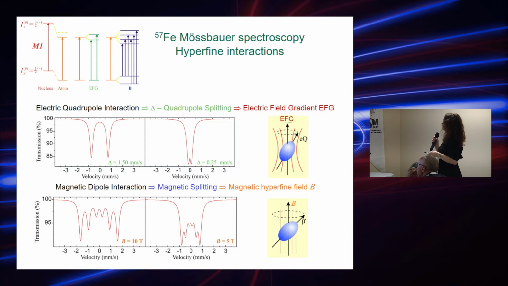Isomer shift is connected with the interaction of electron density with the charged nucleus.